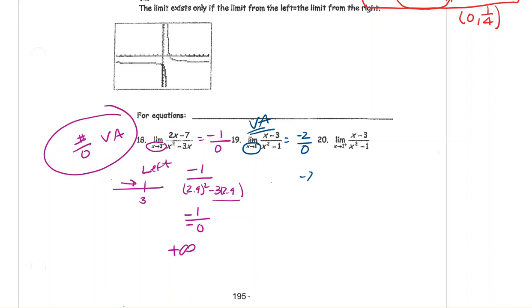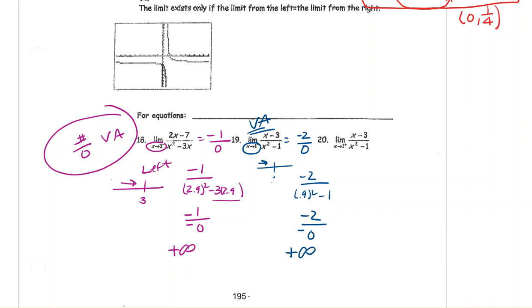So I'm just going to plug in a number that's close to 1 from the left, just really in the bottom. So here's 1 from the left, so 0.9. So this would be 0.9 squared minus 1. So 0.9 squared would come out to be a little bit smaller than 1. And so the bottom is coming out really close to 0, but negative. And since both of those are negative, this would be positive infinity.